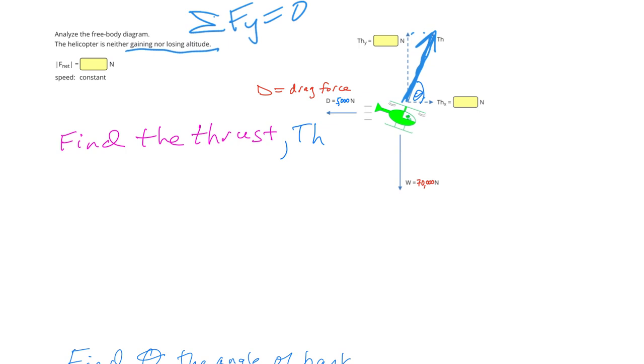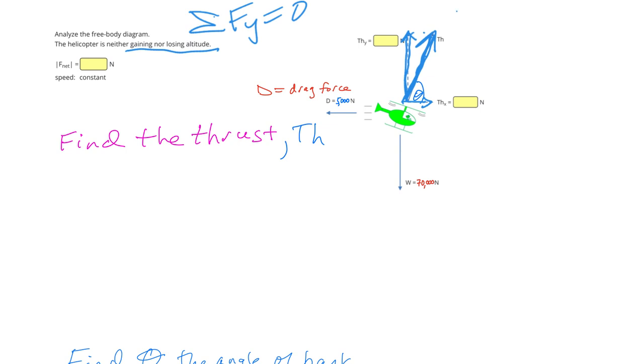Okay, so there's x and y component to a slanted force. We got THX. TH means thrust. And THY. Okay, find the thrust.